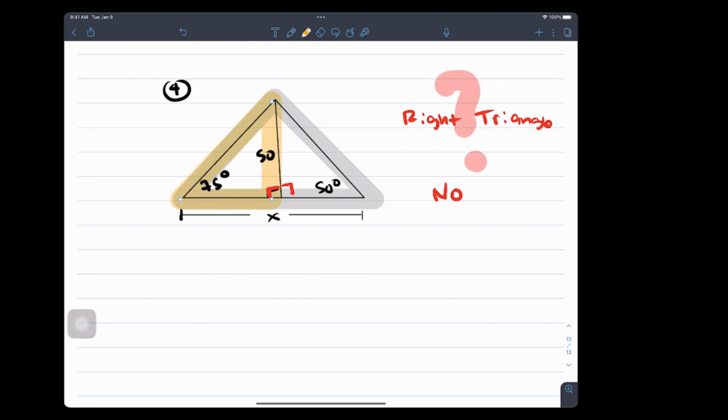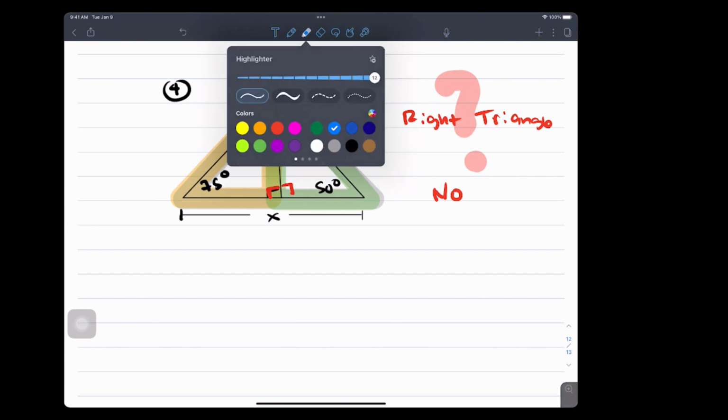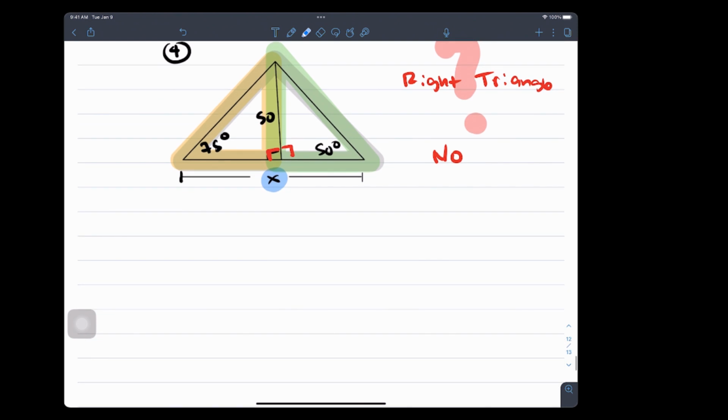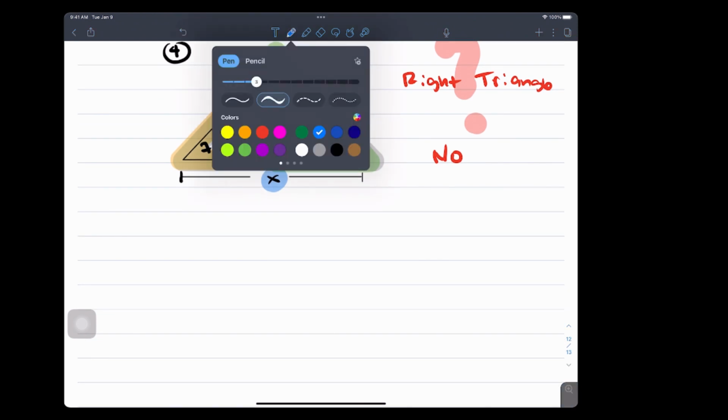Yes, there's one right triangle, and here is the other right triangle. You guys with me on that? The base of this big triangle that was in gray is x, and we want to find that.